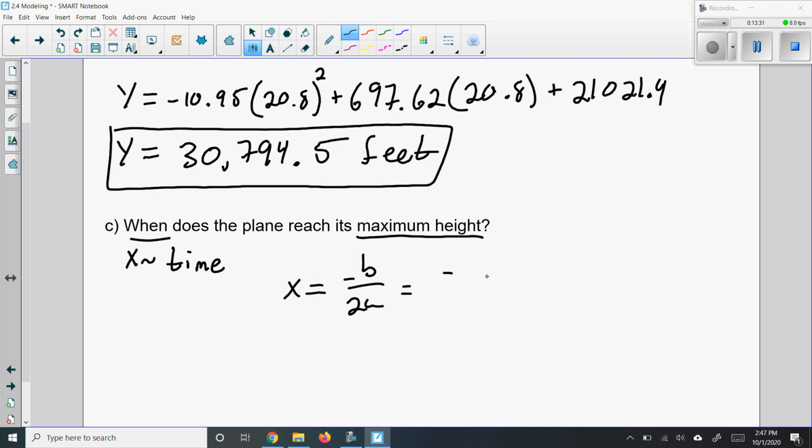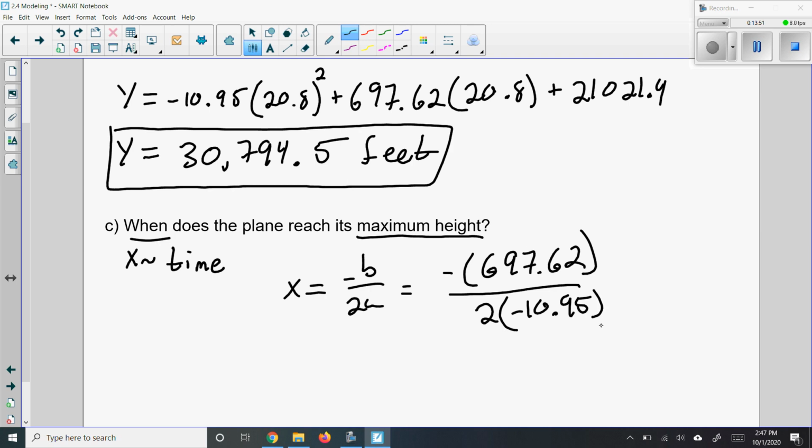So this is negative 697.62 over 2 times a. A is negative 10.95. So x is 31.8 seconds.